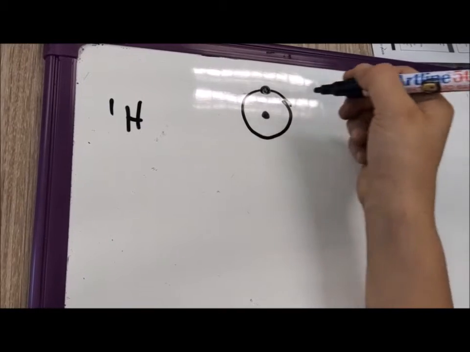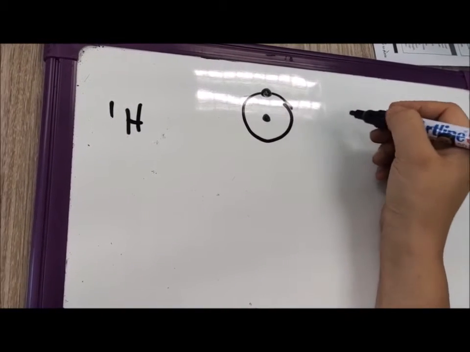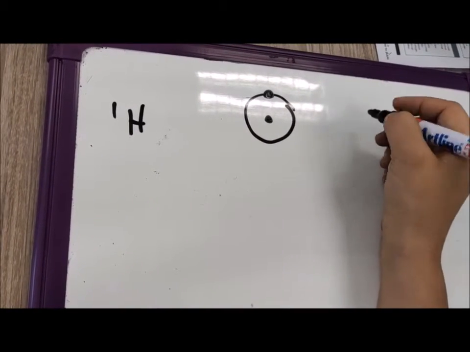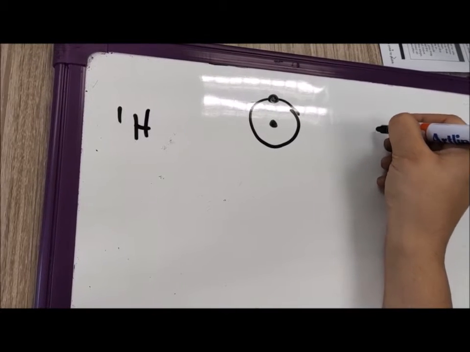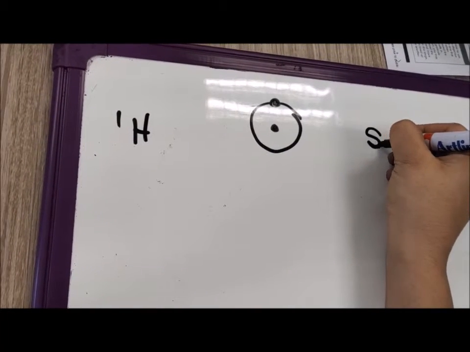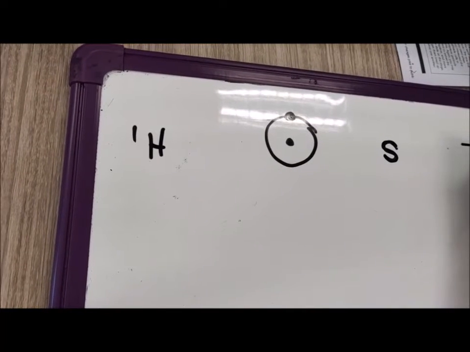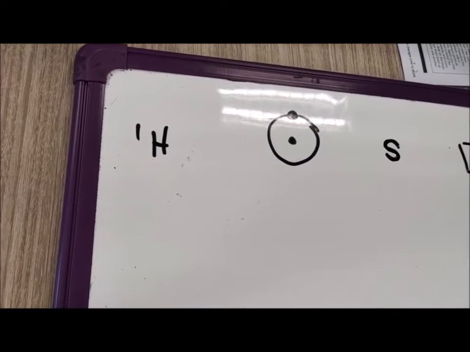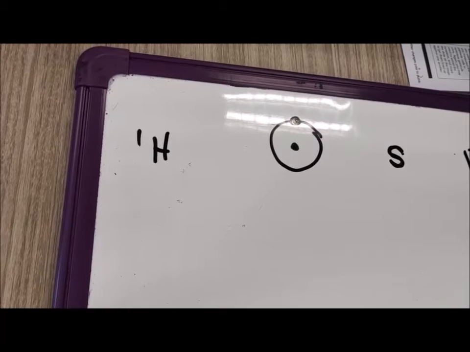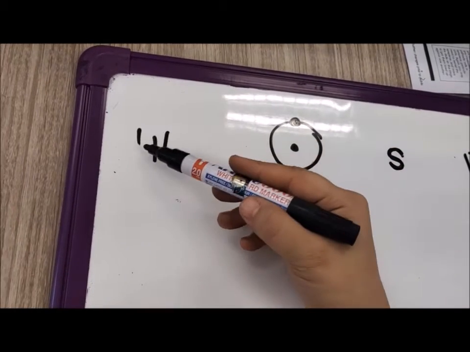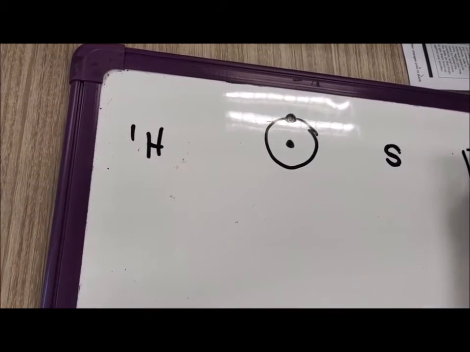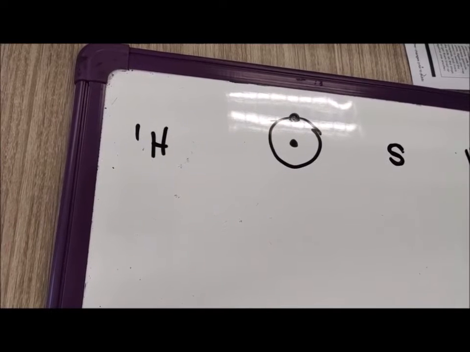So the first shell has only one orbital, which is s, and I show it like this, the square box. One orbital, and it has one electron. So I put one electron in the s orbital and no more.